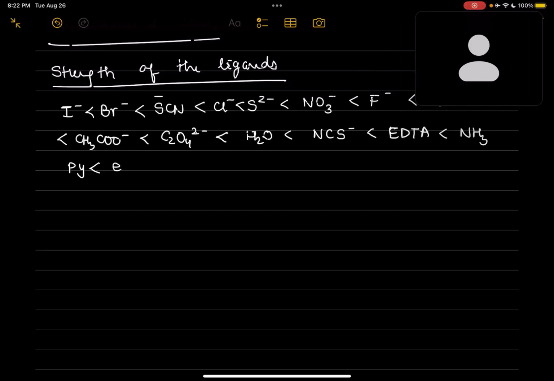Then you have en, NO2, CN, and CO. So beyond water, you have strong ligands. All the nitrogen containing ligands are strong ligands.